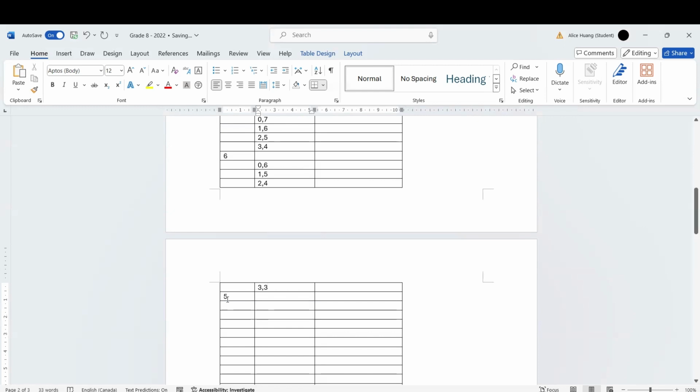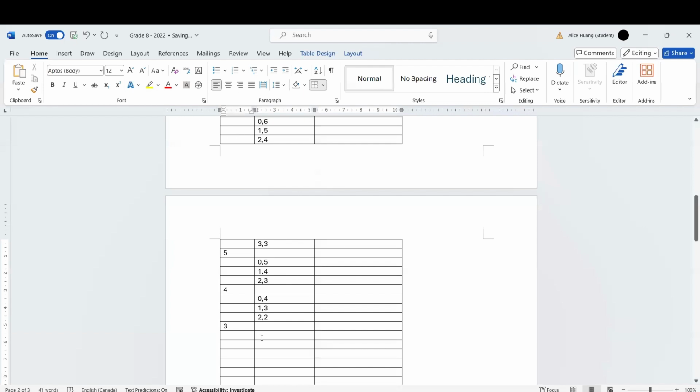Okay, so like this, we just need to list all these combinations for the sum. So for 5, there's 0 and 5, 1 and 4, and 2 and 3. And that's it. For 4, we have 0 and 4, then 1 and 3, and 2 and 2.